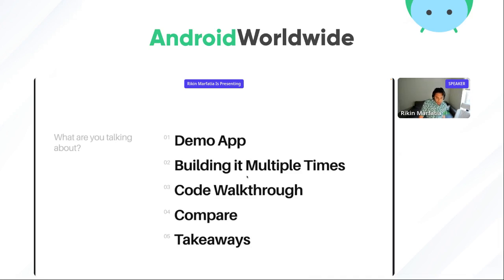Then I'm going to do a code walkthrough of some of the core parts of the application, maybe through the lens of a particular feature that's written with both of these libraries. I'll do a quick comparison over some of the metrics that I'll talk about in a sec, and then we'll talk about my personal takeaways from this.